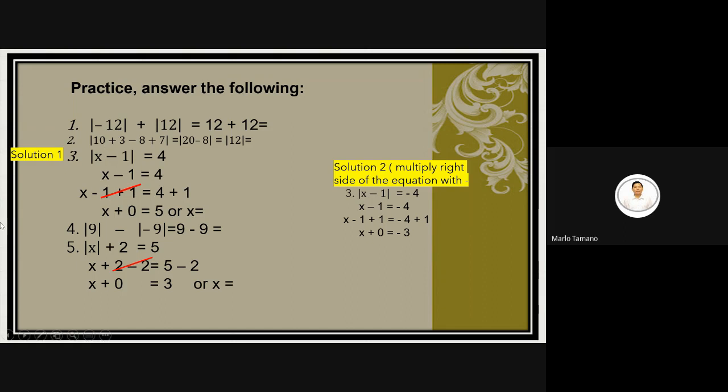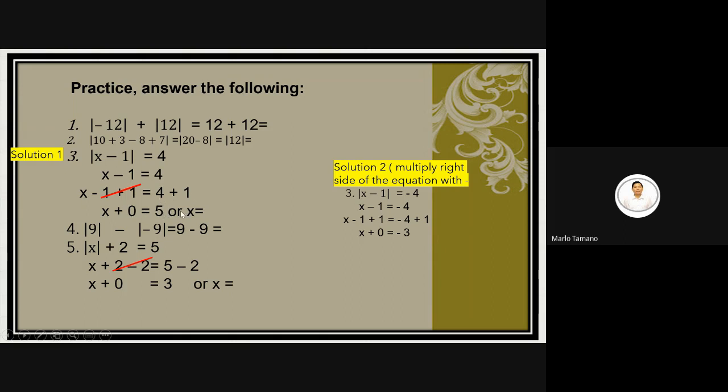Okay. So gusto natin tanggalin yung negative 1. Paano natin matatanggal yung negative 1 sa left side? E di mag-plus tayo ng kanyang kabaliktaran. So plus 1. Okay? So, kailangan mag-plus din kayo ng 1 sa right side. So, ganito ngayon ang nangyari. Bring down x and of course, plus 0 equals 4 plus 1 is 5.